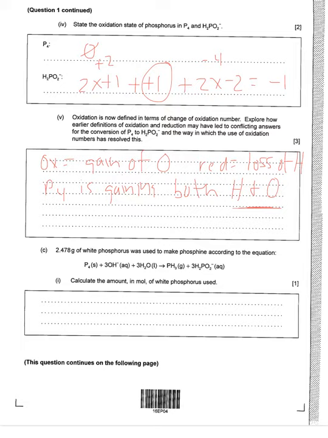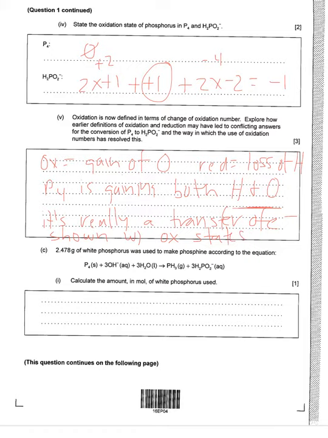So the oxidation numbers make it really clear that it's really the transfer of electrons and then the accompanying change in oxidation number, or shown with oxidation states, where that control is being gained and lost of the electrons.